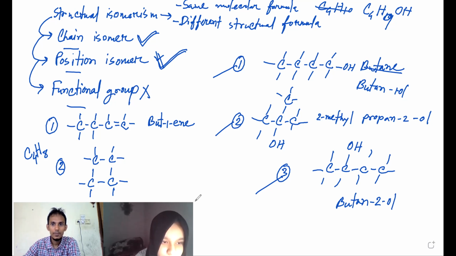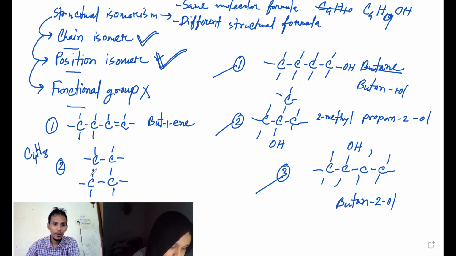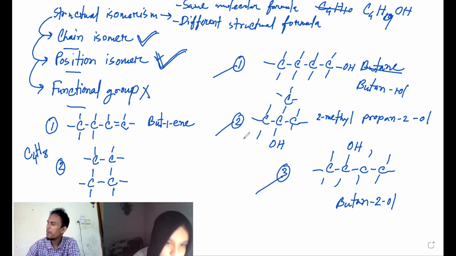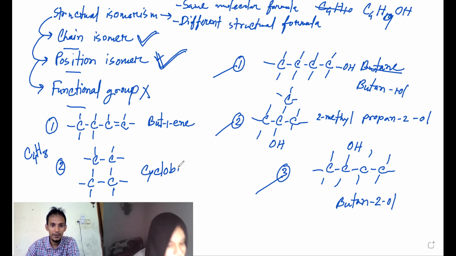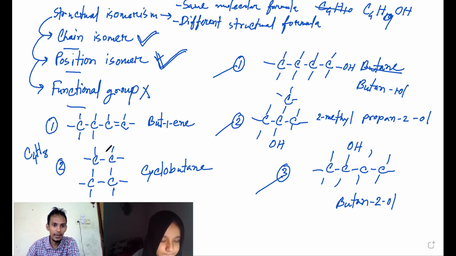Yes, sir, clear. Okay, so what is the name of this, Nasser? Cyclobutane, sir. Butane or butene? Butane, sir. Very good. So cyclobutane, see, we have 4 carbon and all these have carbon-carbon single bonds.